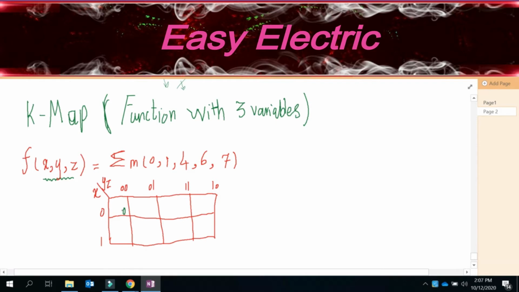So you have the K-map with 8 squares. So this one is 0. Let me finish the numbers for each square that you see. This is x is 0, 0, 0. This is 0. How about this? x is 0, y is 0, z is 1. It should be 1. How about this? This should be 3, x is 0, y, z is 1 and 1. And how about this?